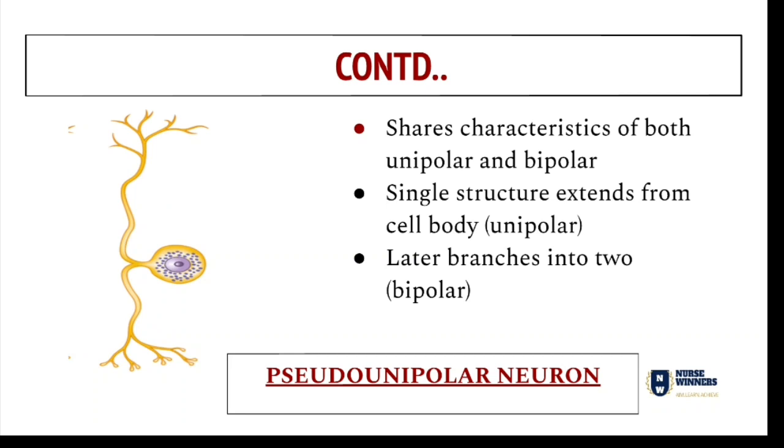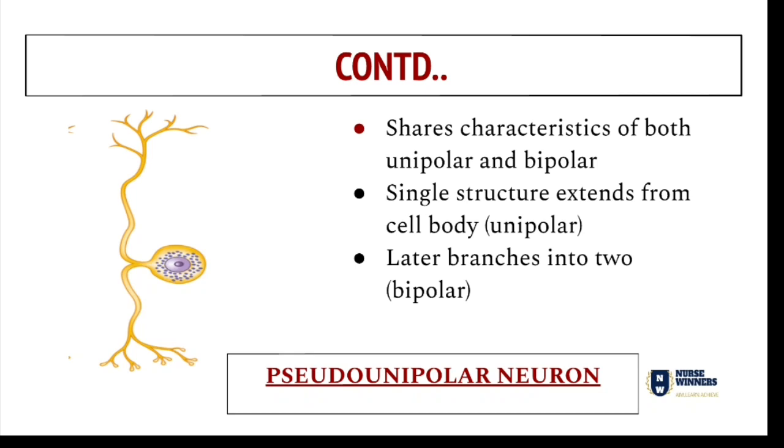So when you look into the diagram, there is a cell body. From the cell body only one stem is arising, so it is unipolar, and then that single stem gets bifurcated into two, so we call it as a bipolar. So here there is both uni as well as bipolar.